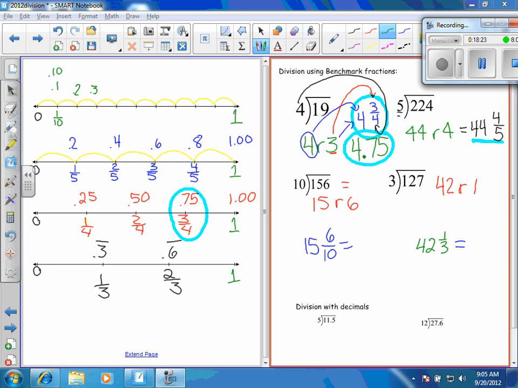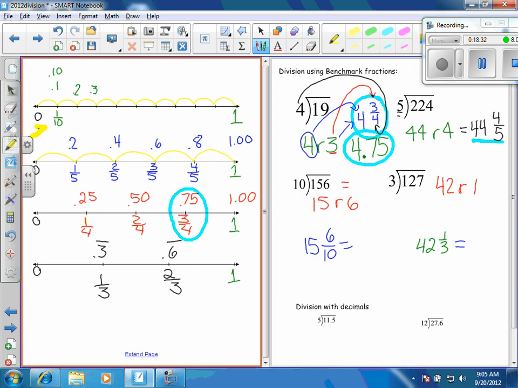Okay, what's 15 6/10? Tenths are right here, right? So 6/10 would be 1/10 is here, 2/10, 3/10, 4/10, 5/10, 6/10.